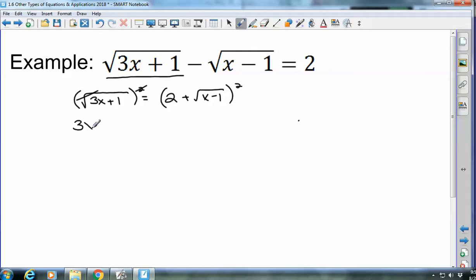On the left, the square and the square root drop. On the right, you have to think about writing that thing twice and quick. So 2 times 2 is 4. Plus 2 radical x minus 1. Plus 2 radical x minus 1. Am I going to lose you guys if I go ahead and combine those?